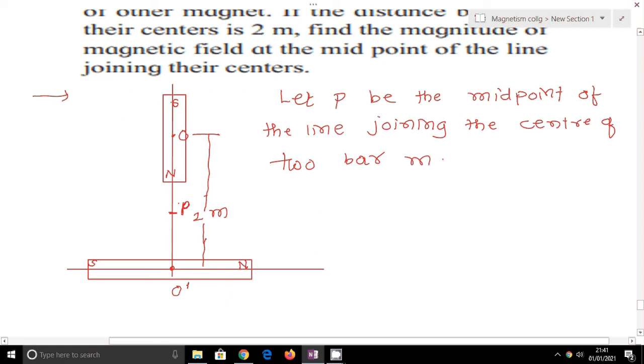And here we have to find out the magnitude of the magnetic field at P.